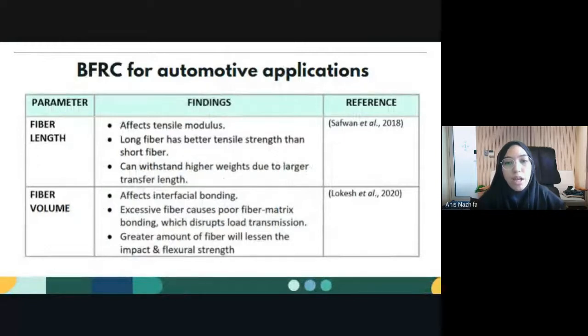Long fiber has higher tensile modulus than short fiber as it may withstand higher weights attributed to the rise in transfer length. For fiber volume, excessive fiber in composite materials can degrade mechanical characteristics caused by lack of adequate fiber matrix bonding, which disrupts transmission of load to the connecting fibers.